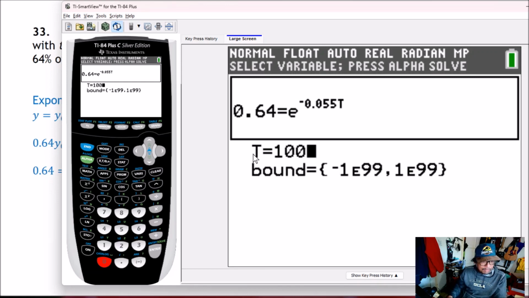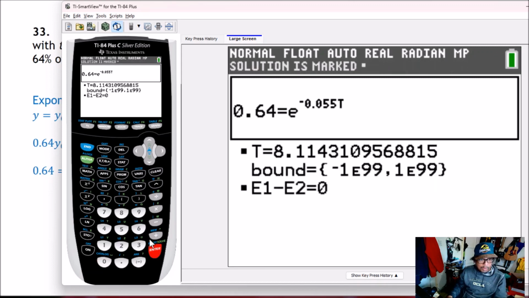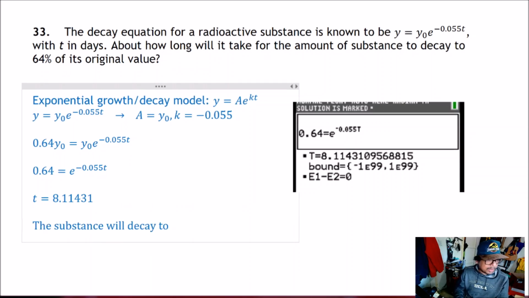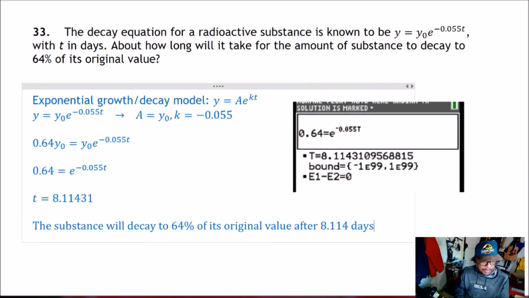Put a seed value for your variable and push alpha and then enter, and there we go, 8.11431. All right, this means that the substance will decay to 64% of its original value after 8.114 days.